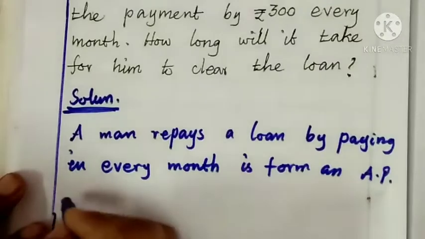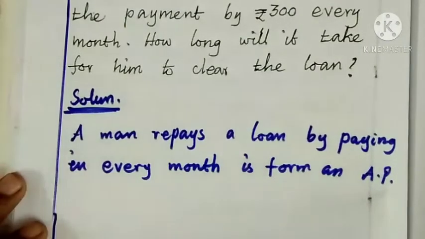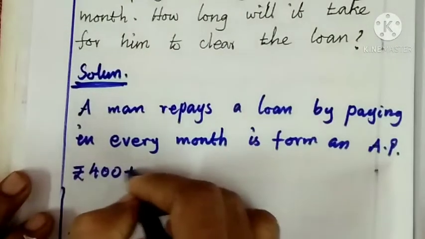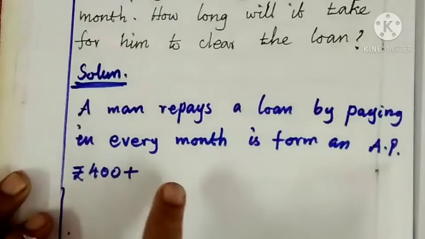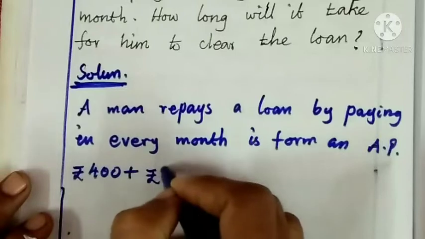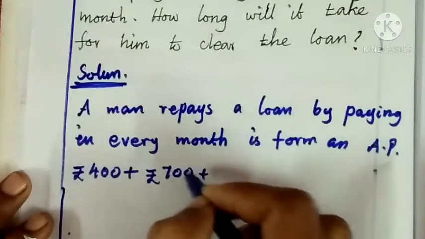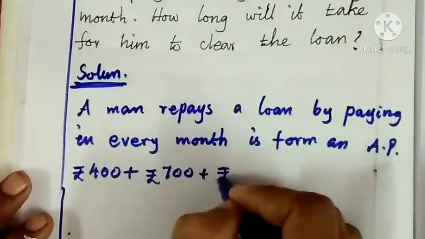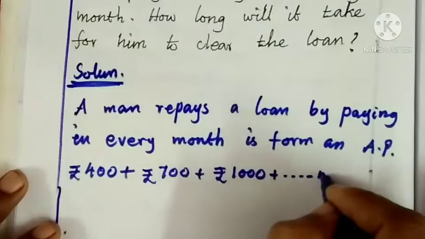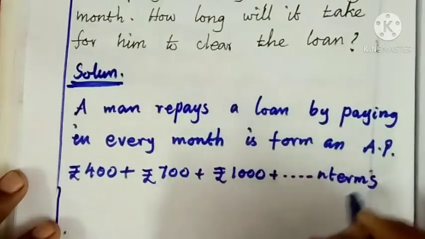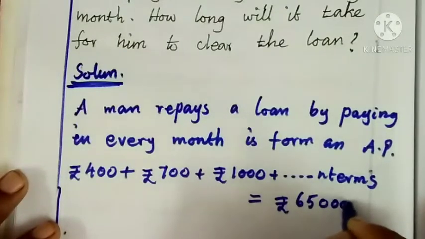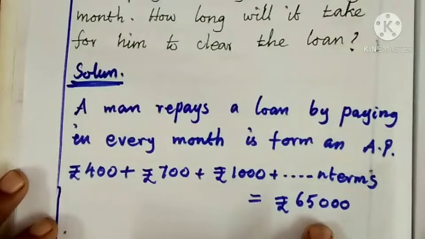That is, first month he pays rupees 400 plus every month increasing rupees 300. So 400 plus 300 we get rupees 700. Then third month 700 plus 300 rupees 1000, up to n terms is equal to rupees 65,000. That is the total amount of the loan.